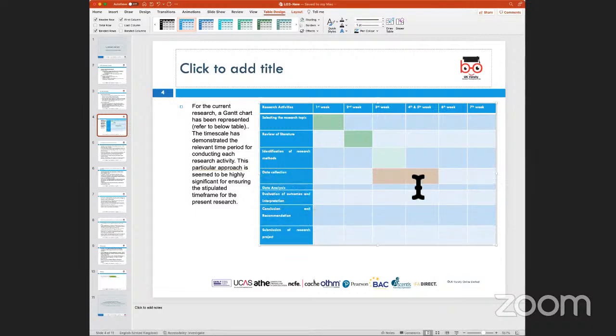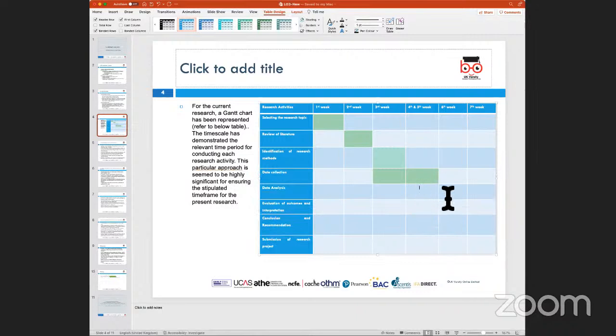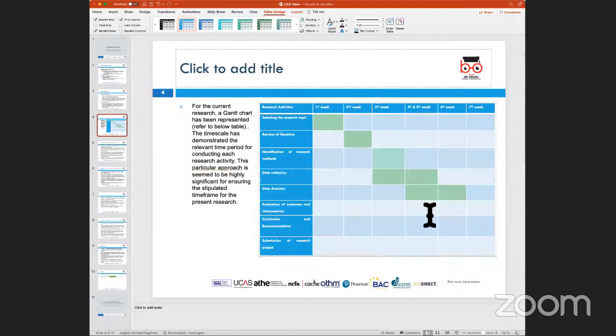And then once you have the data, you start doing data analysis, which might take a couple of weeks. You might need to use software. This data analysis allows you to then compile the results of your research, which has been collected.